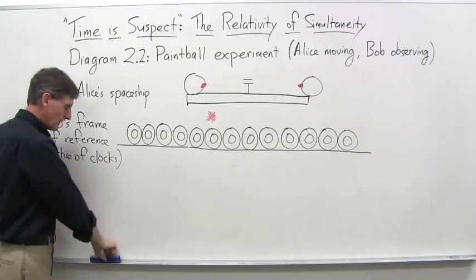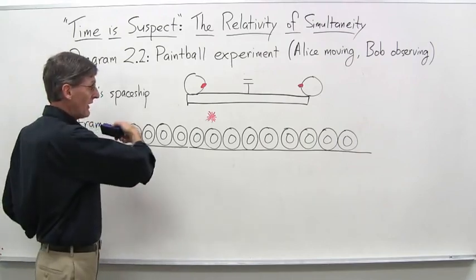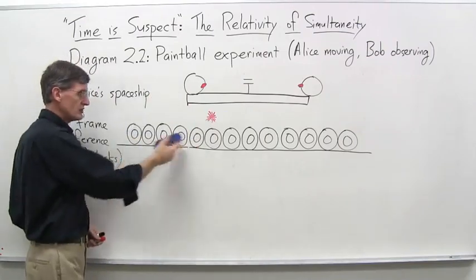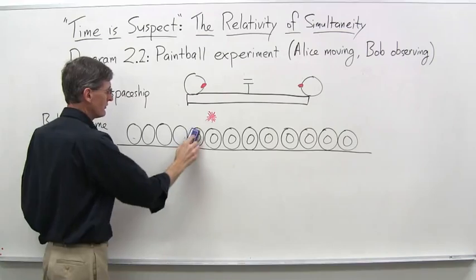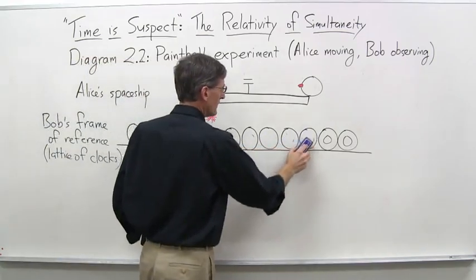So actually one thing I forgot to do, and you probably saw it on your diagram, as we went to that middle situation where the paintballs were in transit, we should have changed the times on the clock here for Bob. So we'll just do that. You can see it on your own diagram there.